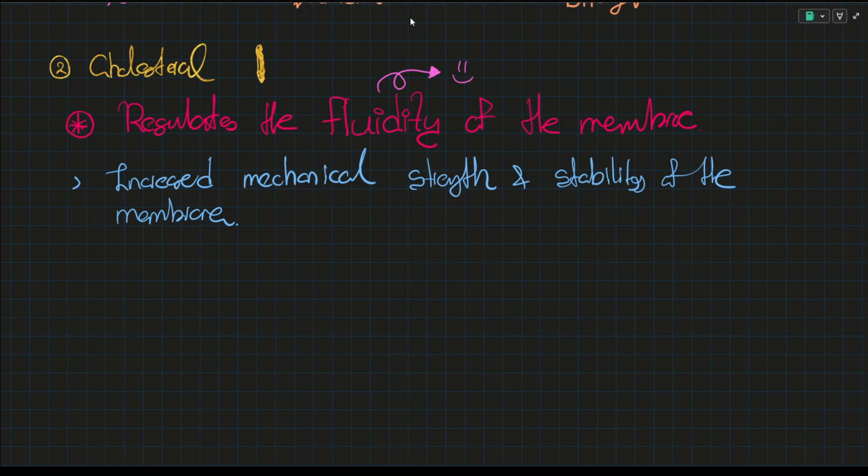Let's look at what happens under specific temperatures. Let's see how this thing actually regulates the fluidity. Now, first of all, I'll discuss the scenario that happens at low temperatures. Reduce the pen size. Okay, that's better.